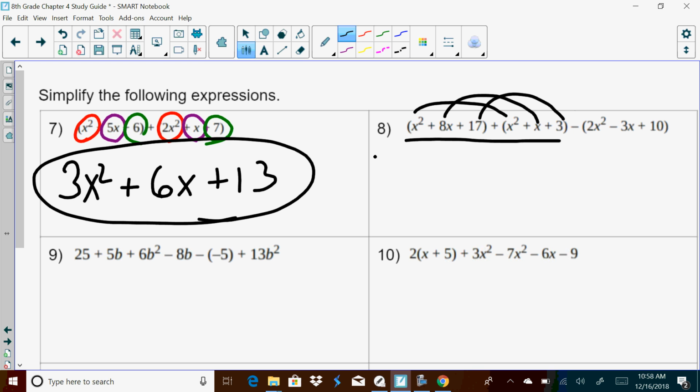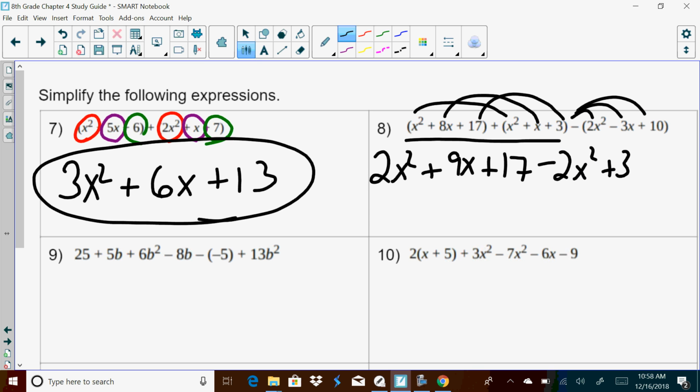So I ended up with 2x squared plus 9x plus 17. And I know this negative changes everything to its opposite. So I have minus 2x squared plus 3x minus 10. So when I combine like terms, these actually cancel out because they're 2x squared minus 2x squared. 9x plus 3x is a 12x, and 17 minus 10 is going to be 7.